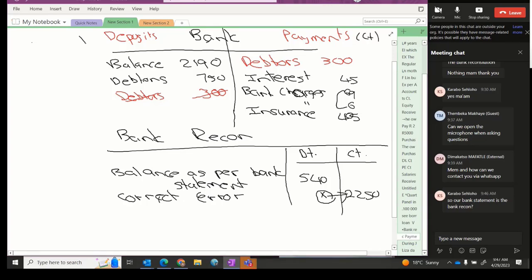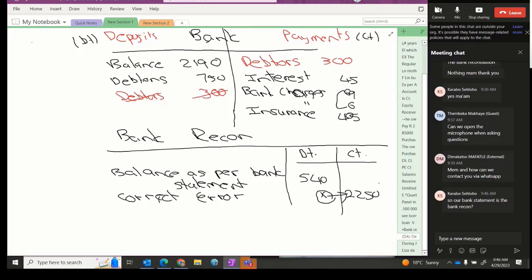It's a credit on your bank account because remember, your bank is like an asset to you. But if you diminish your asset, you're going to credit it, like I said last time. So if you do a payment, it comes on the credit side of your bank account, but on the debit side of the bank statement.